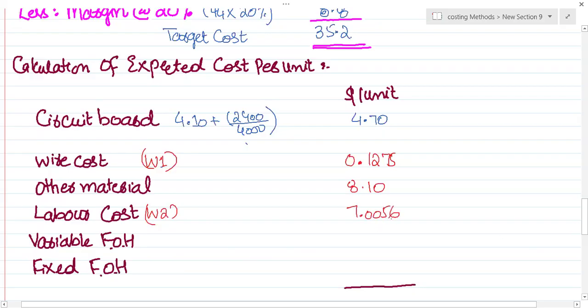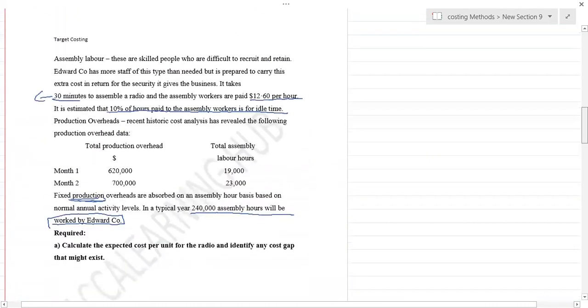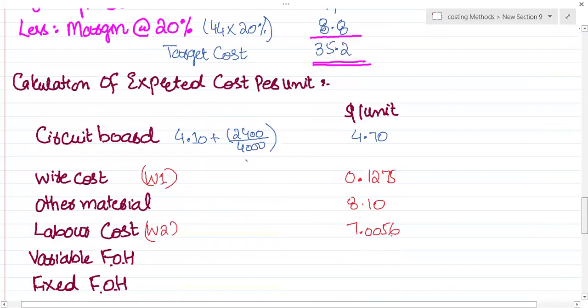Now, for the variable overhead, they give you total overheads and assembly hours. When we have given the total cost, you will convert it into variable and fixed overheads using the high-low method.